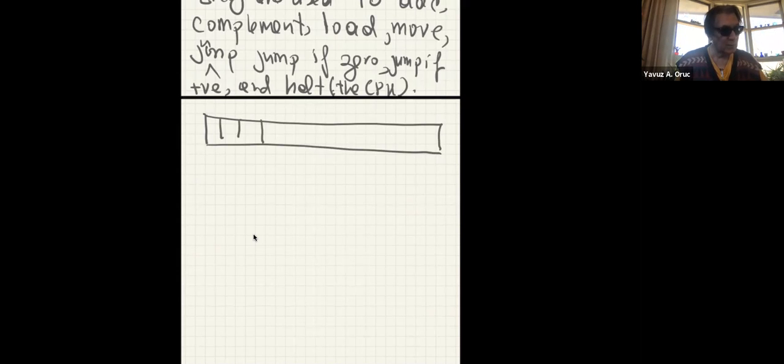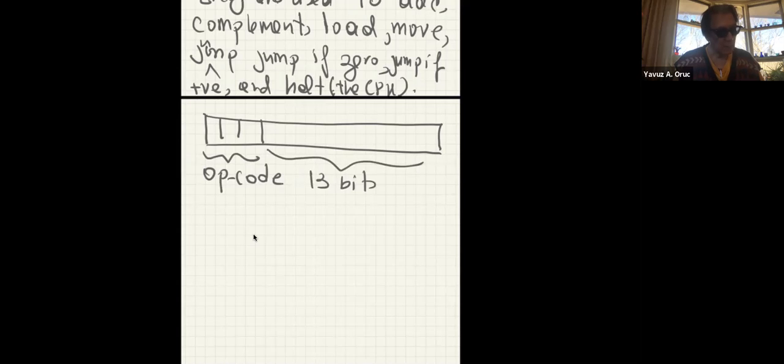So these 3 bits will be my opcode area. So this is my opcode. And the remaining 13 bits will provide an address to an operand.